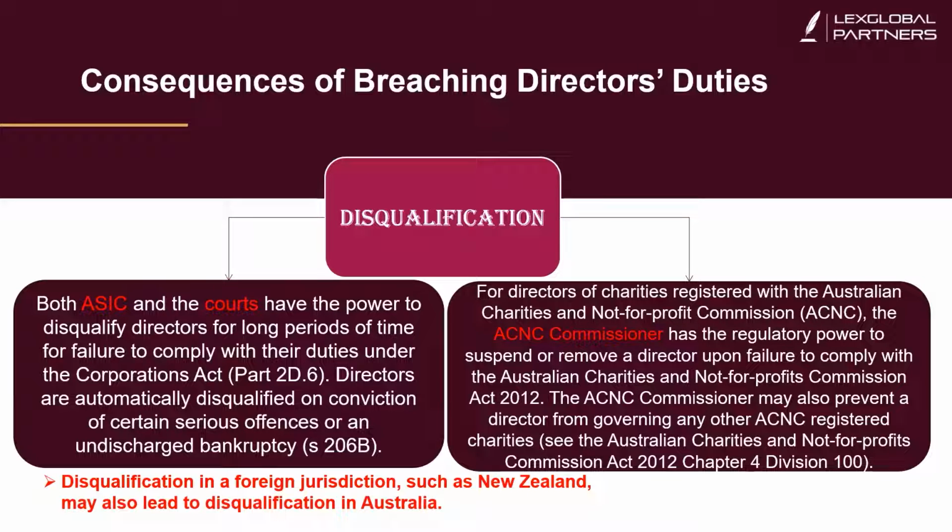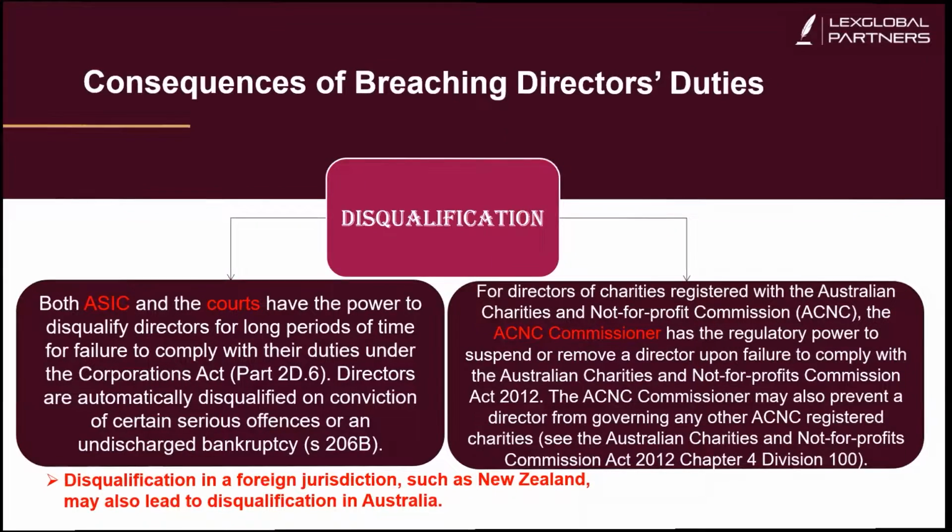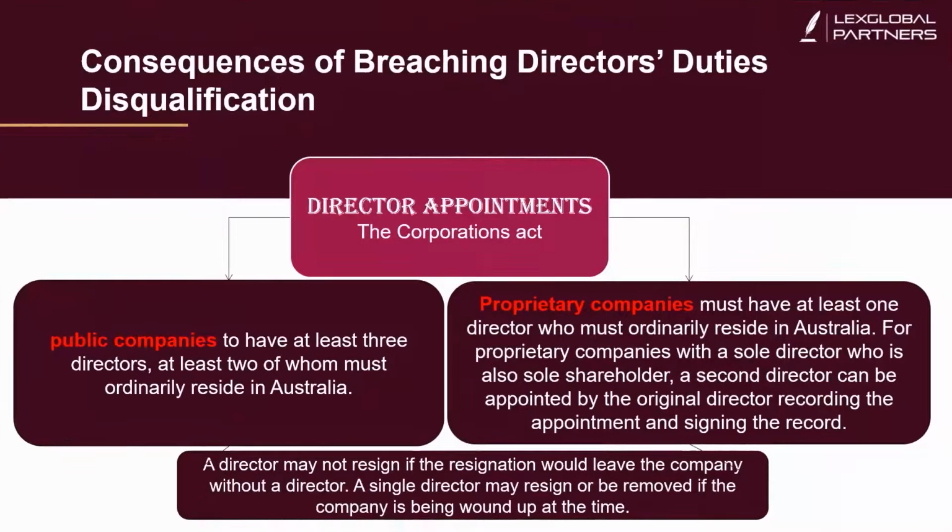The ACNC commissioner may also prevent a director from governing any other ACNC registered charities. Right, so charities are completely separate from the Corps Act. They have different legislation and a different regulatory body.